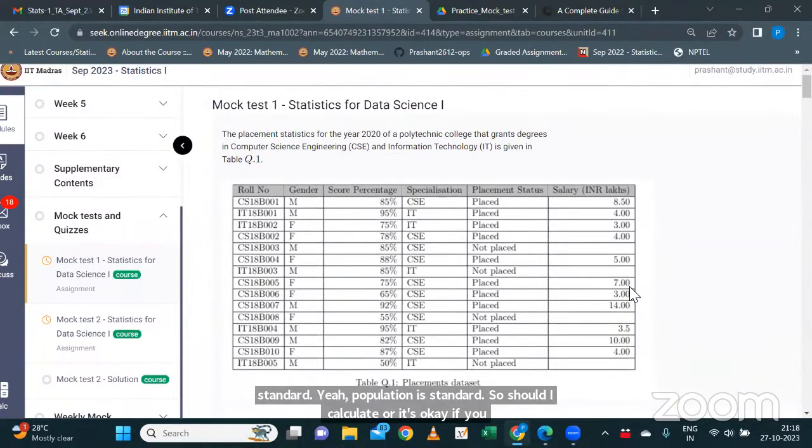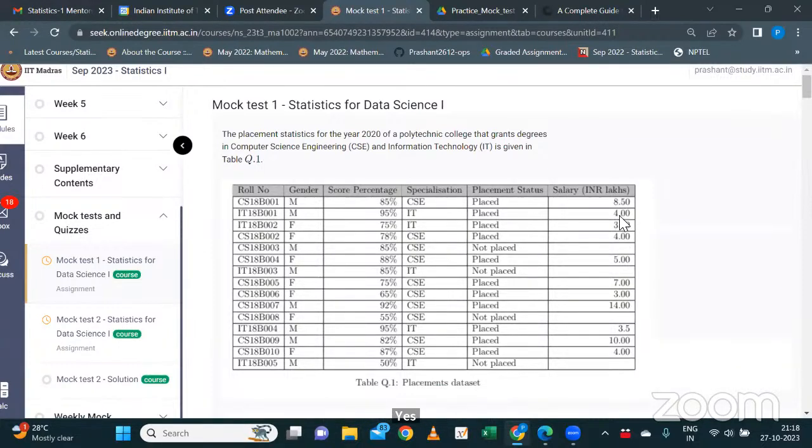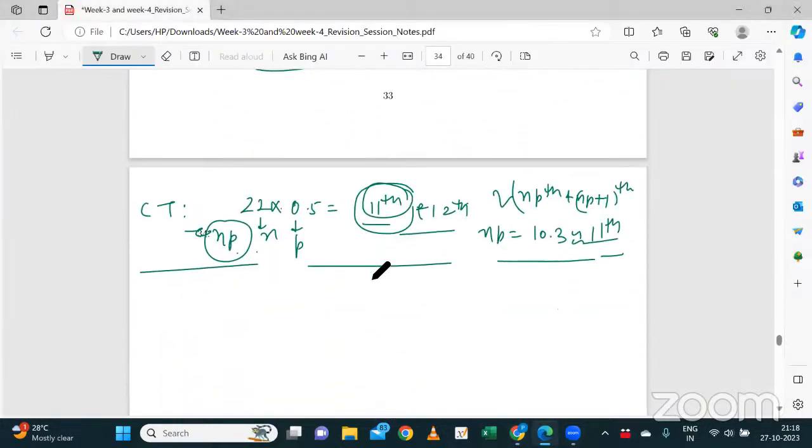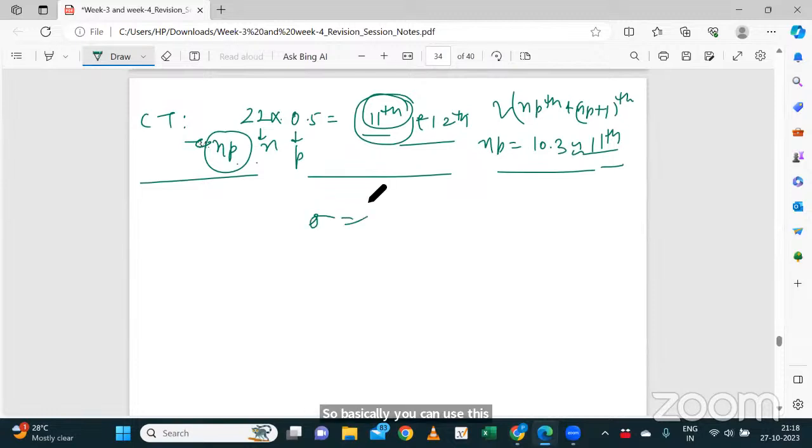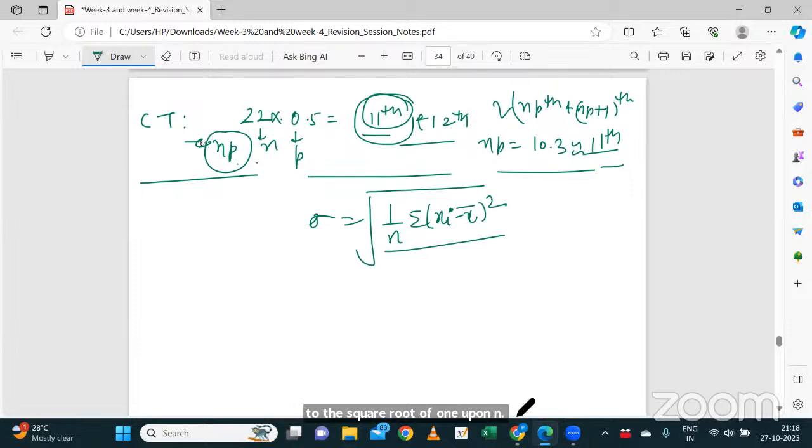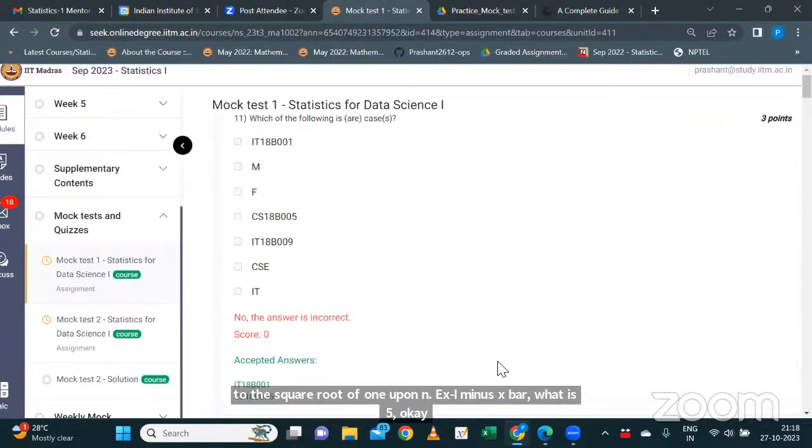Basically, you have to use all these values: 8.5, 4, 3, 4, 5, 7, 3, 14, 3.5, 10, and 4. For these values, we have to find the population standard deviation. You can use this formula: sigma is equal to the square root of 1 upon n times the summation of (xi minus x bar) whole squared. Okay. Yes, sir.